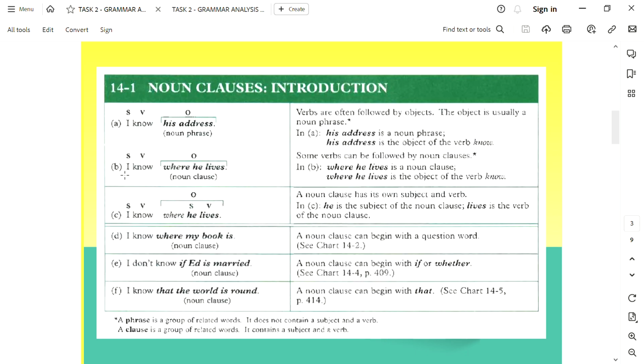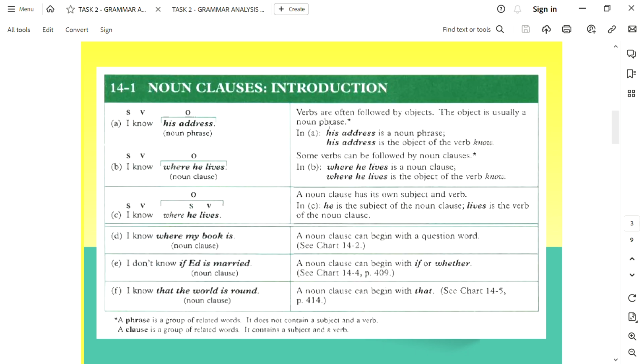And then there is another example, which is B. I know where he lives. Where he lives is not a noun phrase, but it is a noun clause because there is a subject here and then the verb. And its function is also an object.